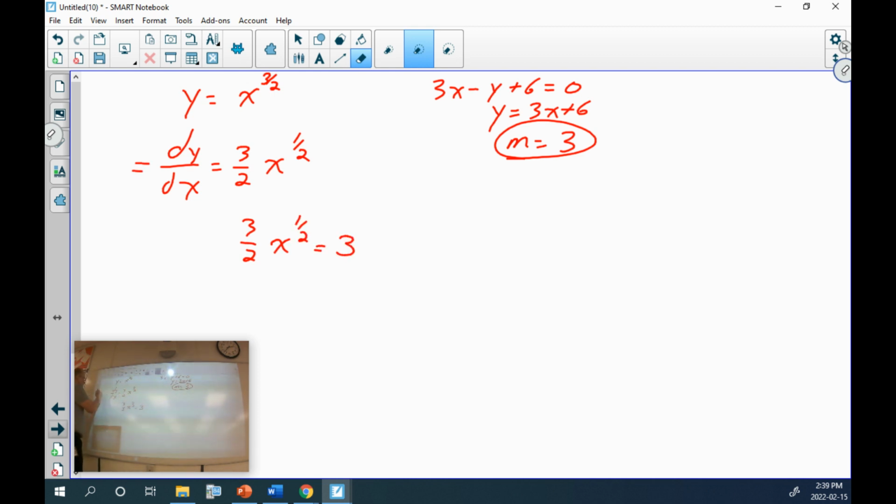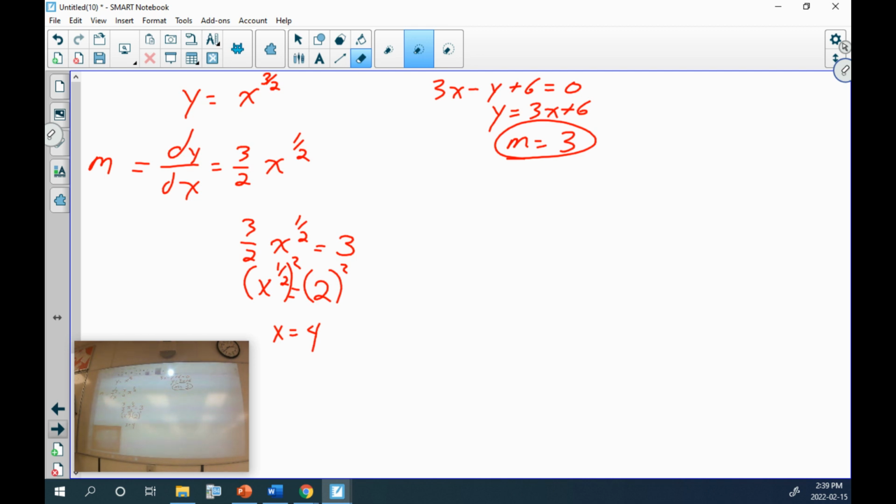Since this is our equation for our slope, we set it equal to 3. So x to the 1/2 is equal to 2. I just divided both sides by 3/2, or multiplied by 2/3, it doesn't matter. I have to square this. x is equal to 4.